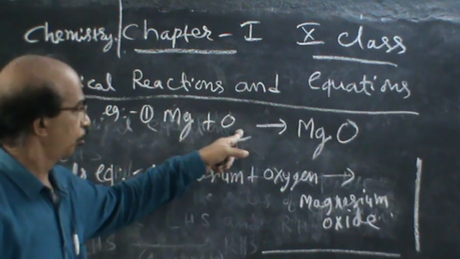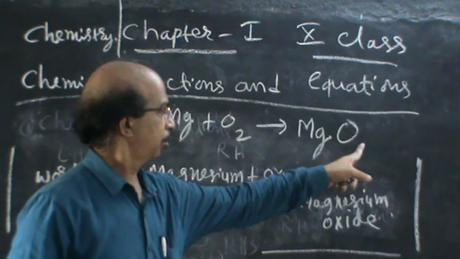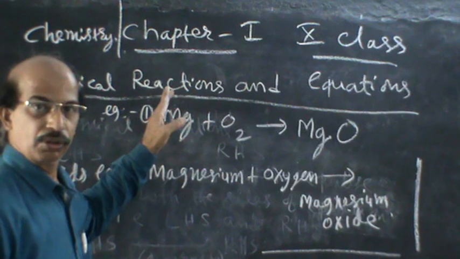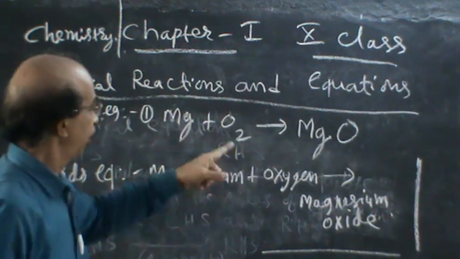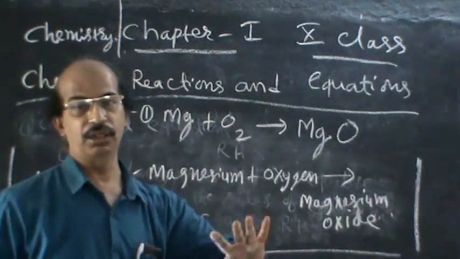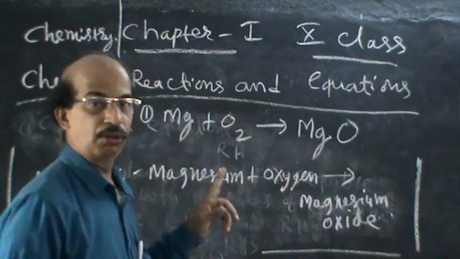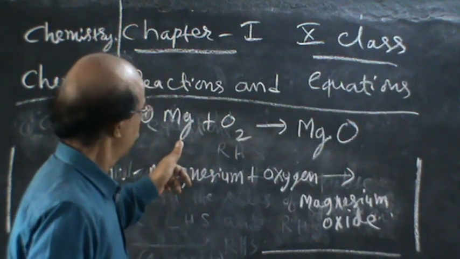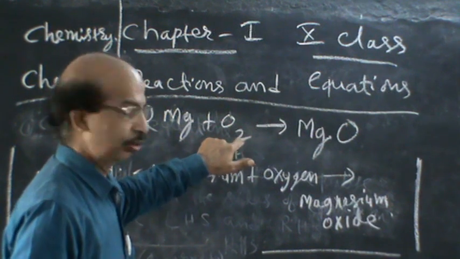For example, if there is no number, think that it is 1. What is the rule, children? The rule is like this: do not change the subscript at any cost.